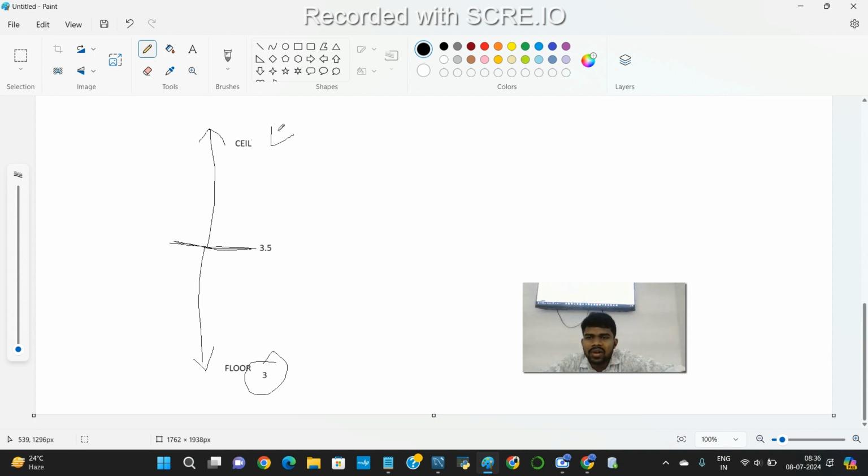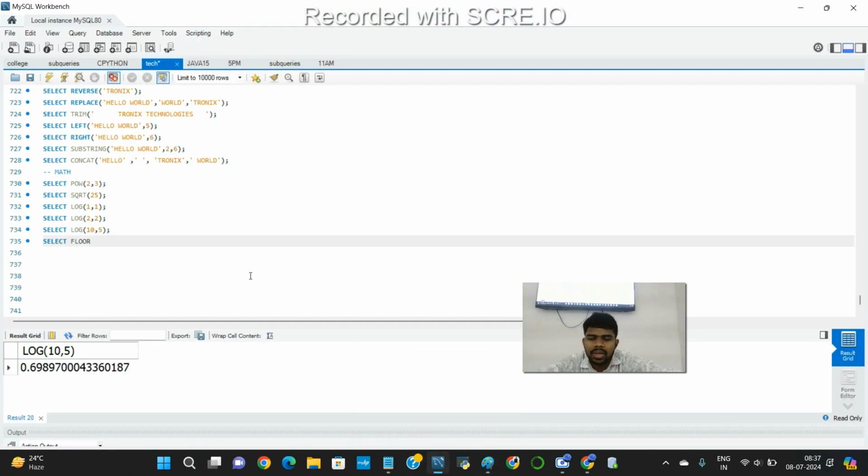So this is the ceil function. Simply, the ceil function returns the integer after the given number, whereas floor returns the previous integer before the given number. For example, let's select floor of 4.5.